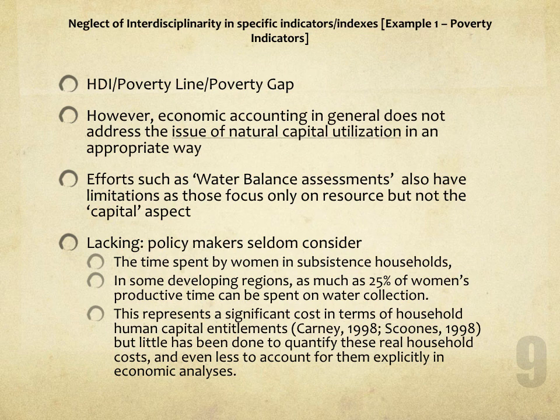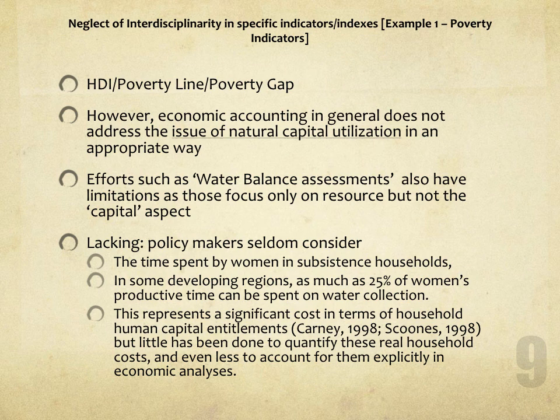So while HDI, poverty line, water balance assessment, GDPs, GNPs, whatever it is, those are very popular indicators. She further says that those do not consider interesting and important social aspects. Of course, HDI does up to a certain extent, but obviously she would always claim that that is not enough, and especially because there is no water, she is anyway going to argue that.